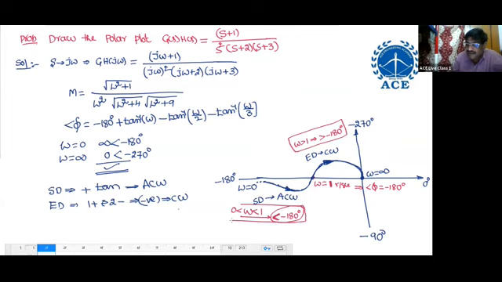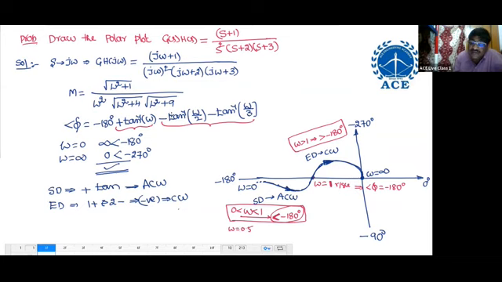Why? Because omega less than 1 means the positive tan value dominates compared to these two negative values. You take any value of omega between 0 and 1, for example omega 0.5. Check the value of positive tan and negative tans.